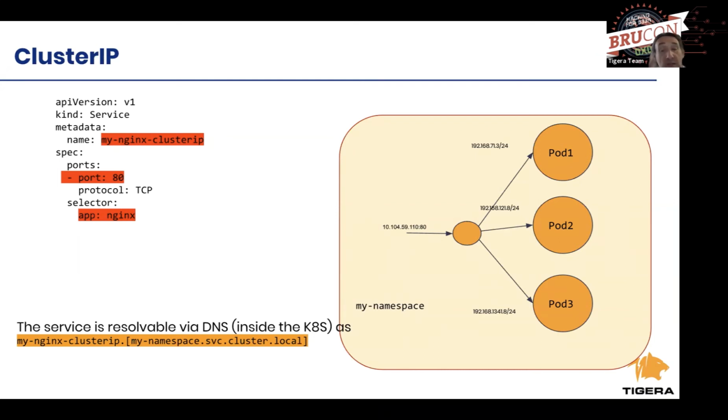So when you install Kubernetes, you basically have to specify the pod CIDR, which is basically the network range from which the IP addresses of the pods are chosen. That is managed by Calico in this case. But there is also a range of IP addresses from which these cluster IP addresses are chosen.